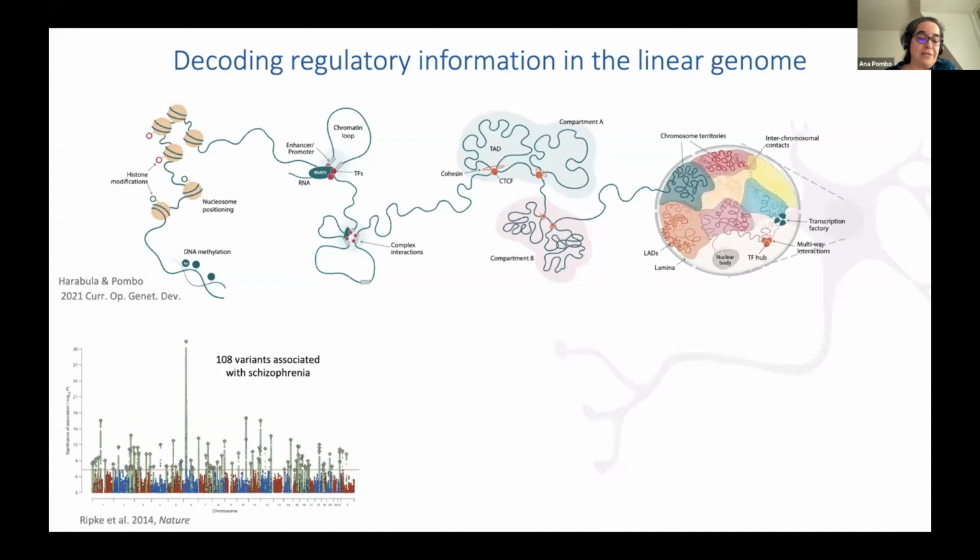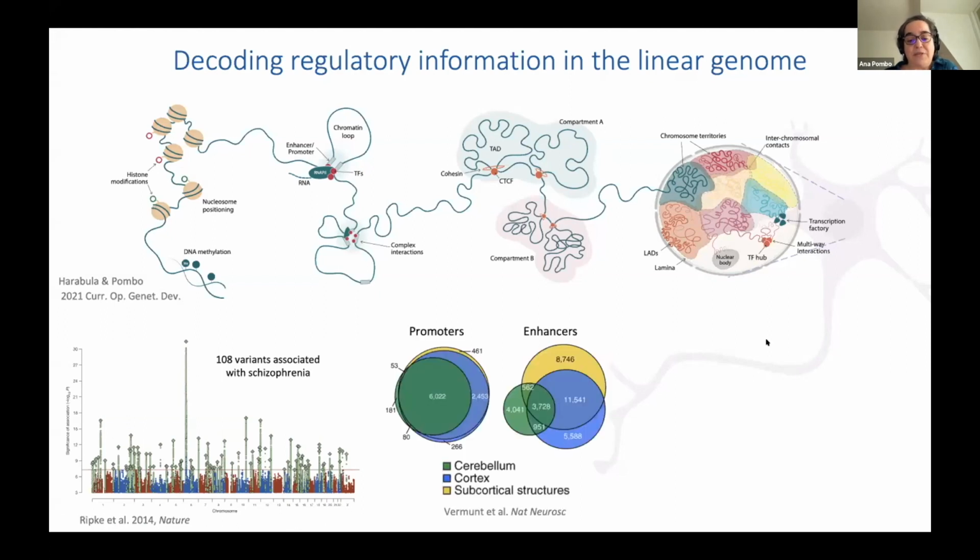Now, one challenge is, of course, to know exactly at what scale of regulation the variants are occurring. Another one is that we know that very different genes are active in different cells, this we all know. But importantly, also the regulatory landscape, the enhancers, are much more varied and cell type specific than gene regulation itself.